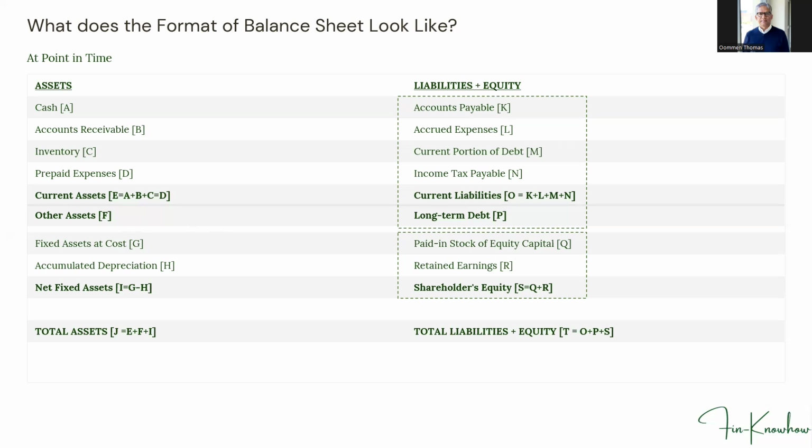Again, the asset side of the balance sheet represents all the things that the firm owns, and they are presented in the order of liquidity. The most liquid assets are toward the top of the column, and the least liquid assets are toward the bottom. And by liquidity, we mean the ease and the speed with which the asset can be converted to cash.